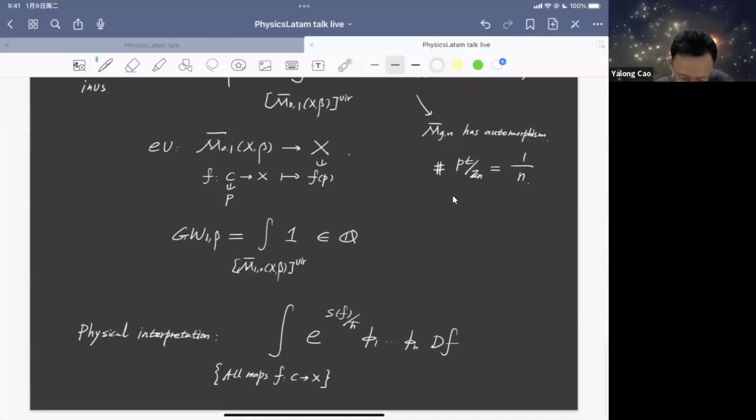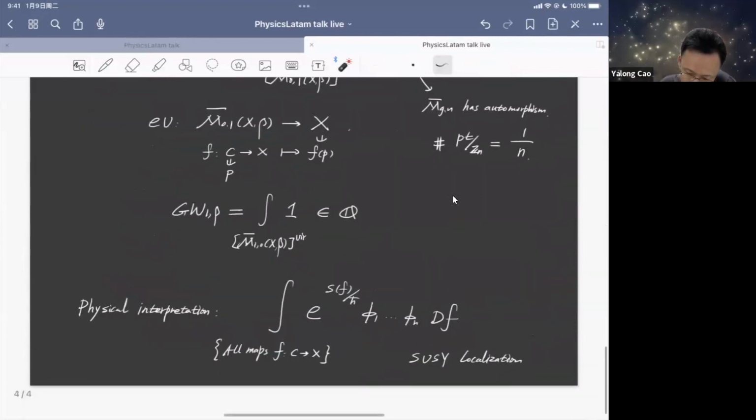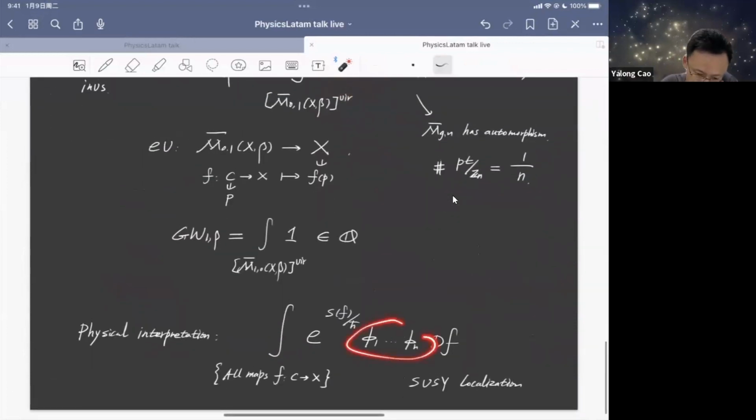And by something called supersymmetric localization, you can formally reduce, localize such things to integration over this moduli of stable maps I just mentioned before, and also some integration on some cycle here. Such a path integral interpretation was written many years ago, before this rigorous definition of Gopakumar-Vafa invariants.